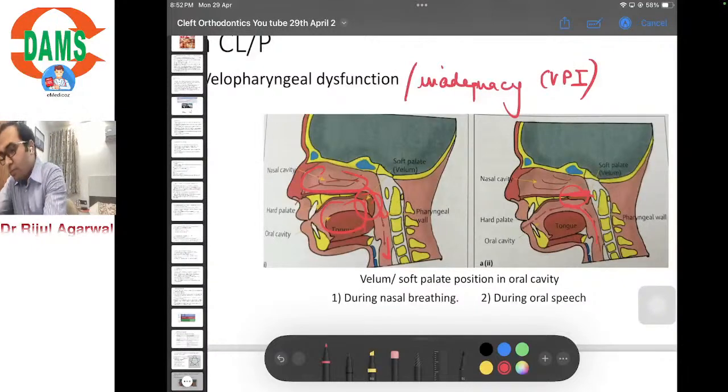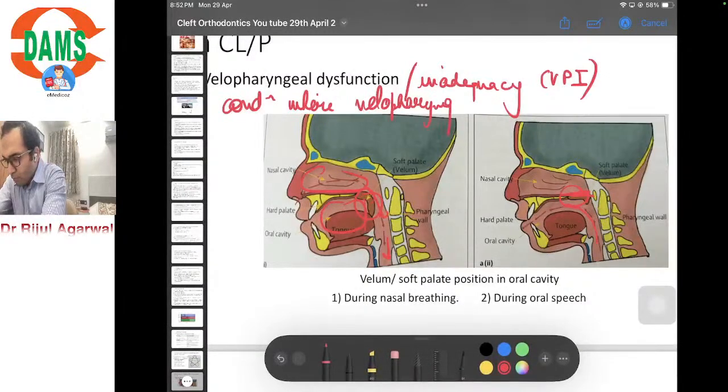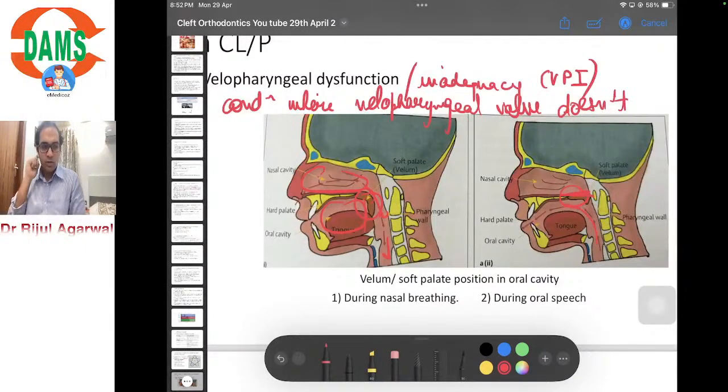A condition where the velopharyngeal valve doesn't close constantly.